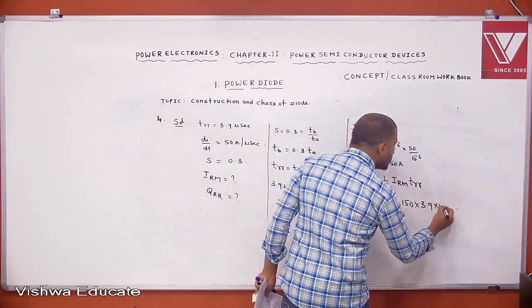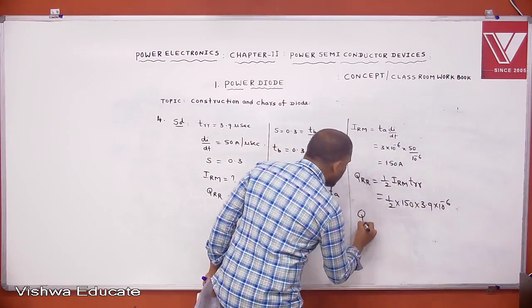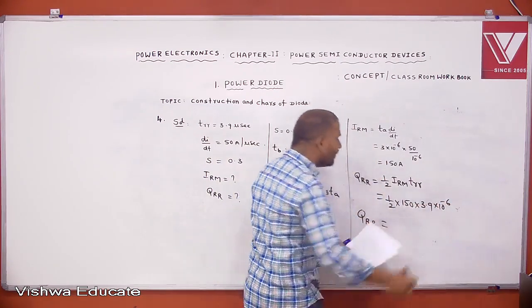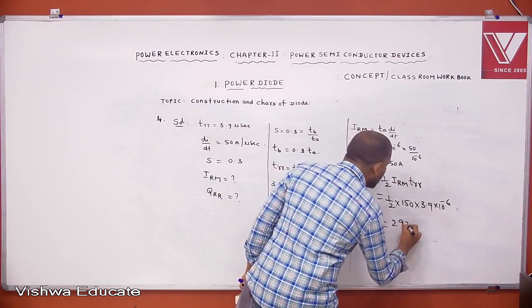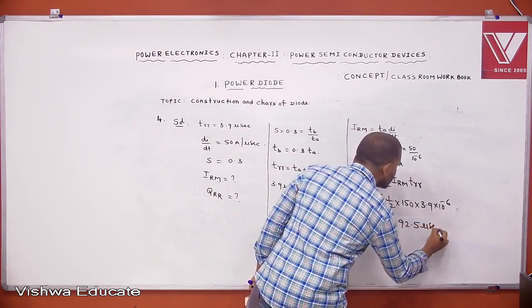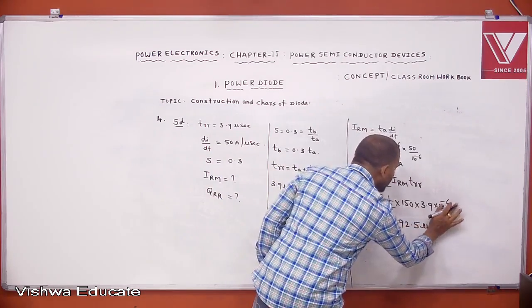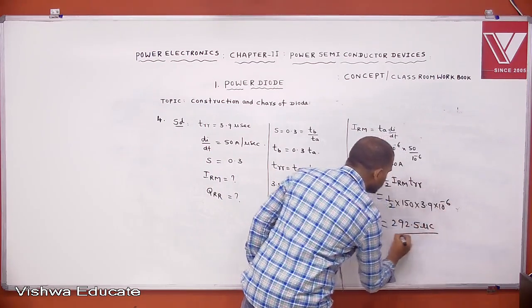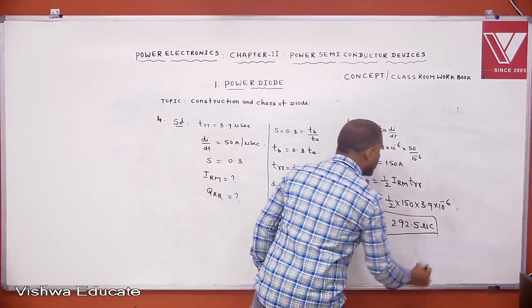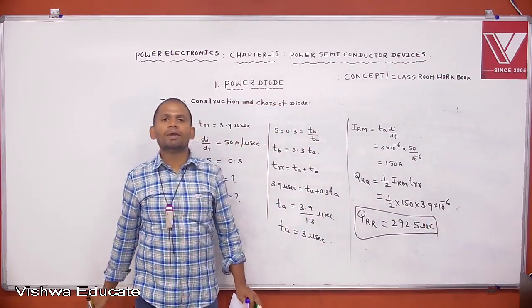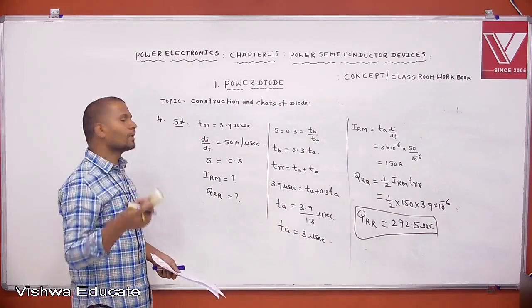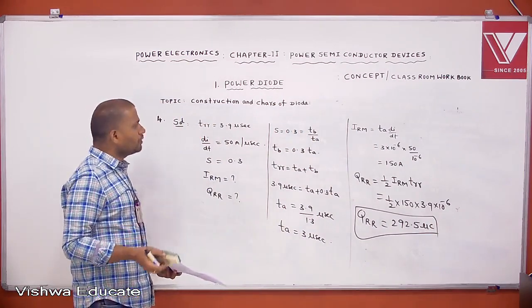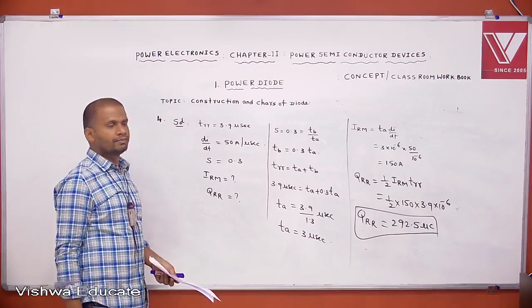Simplifying this, the reverse recovery charge we get is 292.5 microcoulombs. Understood? This is question number 4 based on this concept.